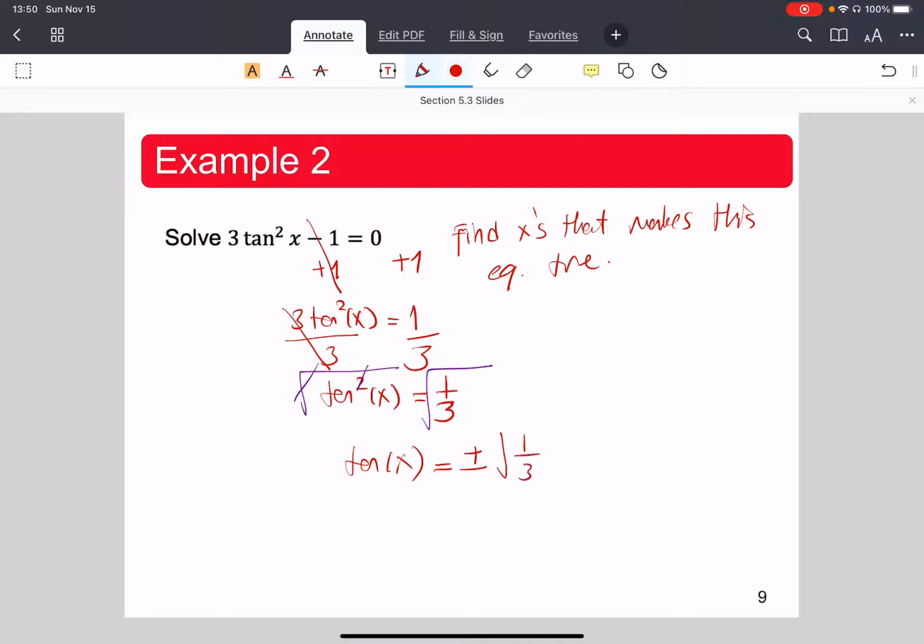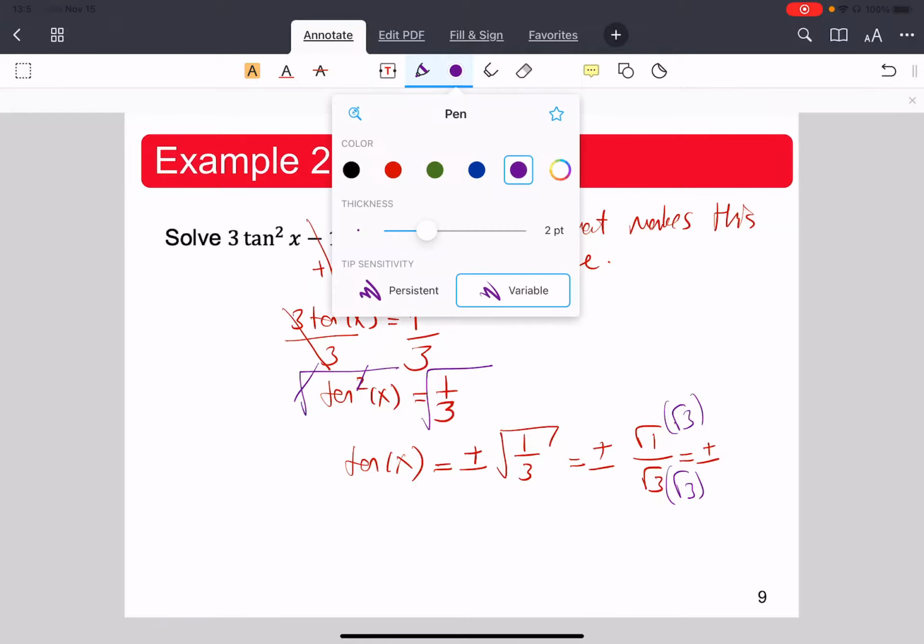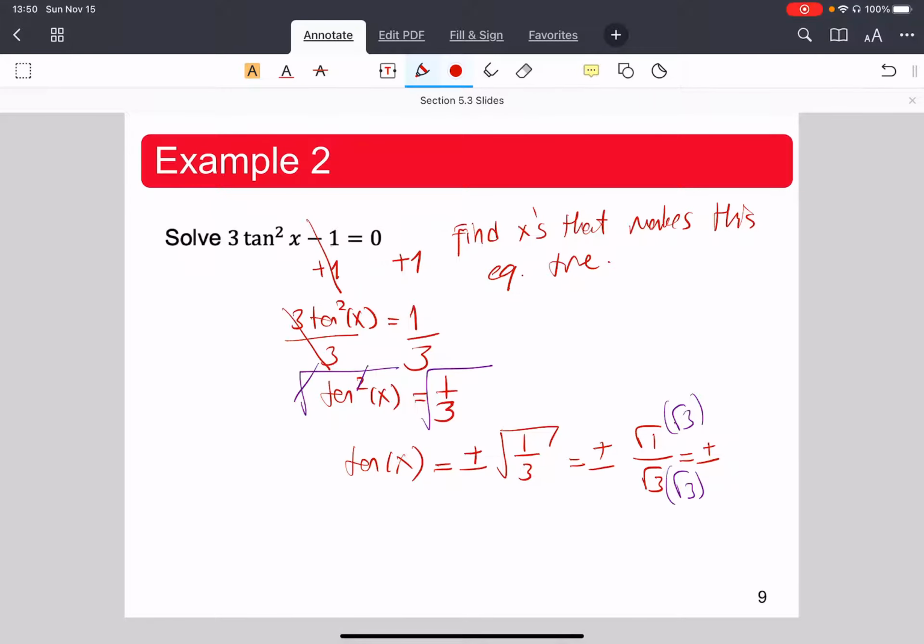So plus minus the square root of 1/3, which is the same thing as plus minus square root of 1 over square root of 3, right? And because we don't like a root at the bottom, we'll multiply and divide by square root of 3. So that would make it square root of 3 at the top and 3 at the bottom.